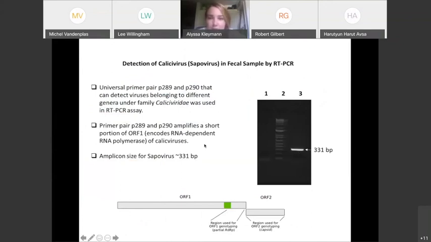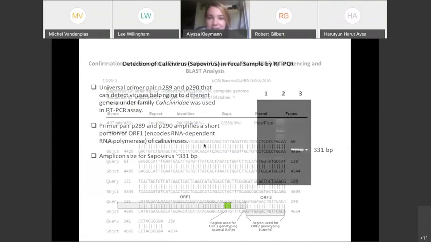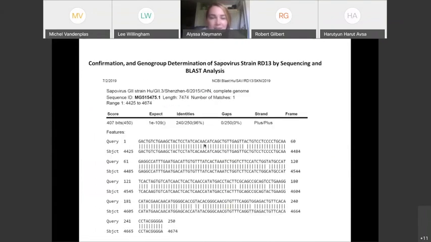However, let this teach you a lesson that with anything, you need to sequence and BLAST analyze, because this actually, in fact, was a sapovirus strain. And BLAST analysis showed that this was a genogroup 2 strain.